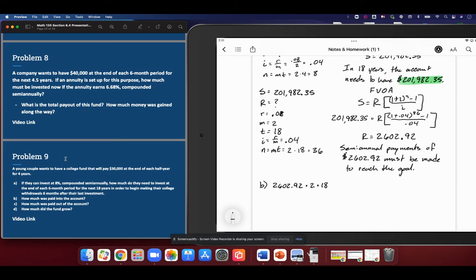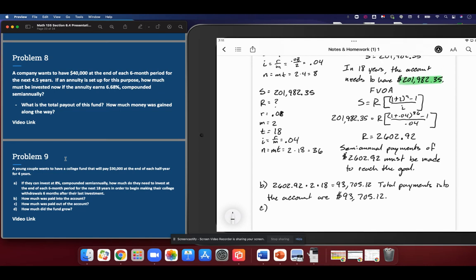We're going to pay in $93,705.12. So total payments into the account are $93,705.12.